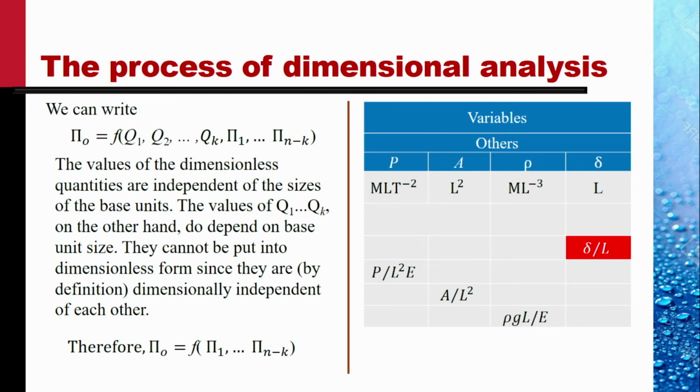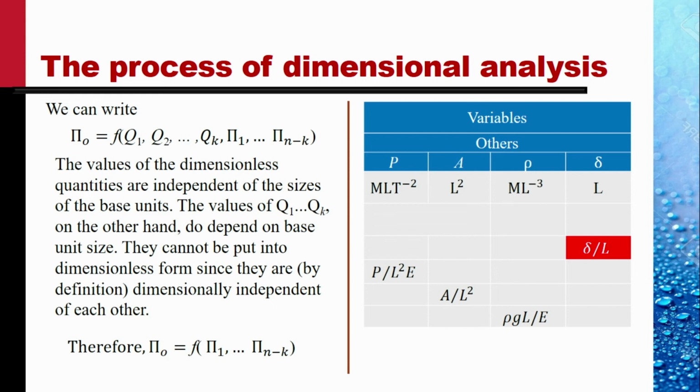So, if out of n basic quantities, independent quantities, we need k to form the basic group, then n minus k pi's would be formed. N minus k non-dimensional groups of parameters would be formed.